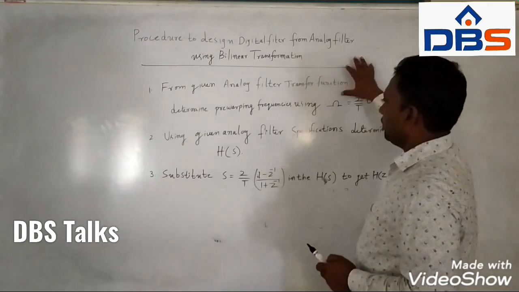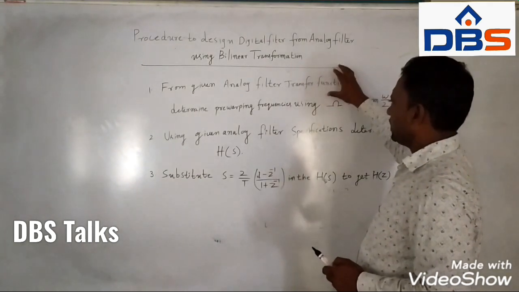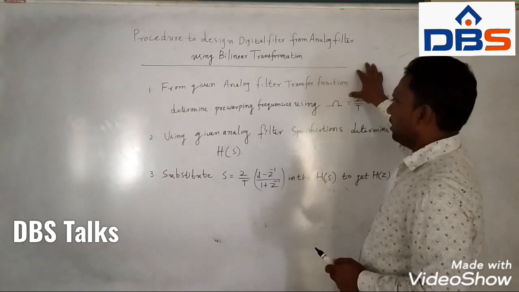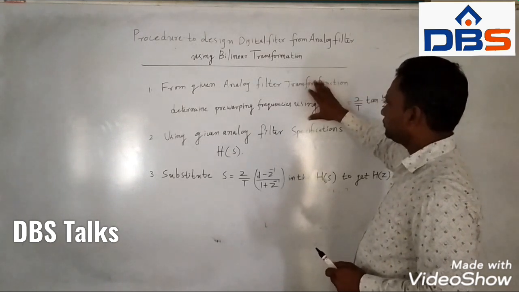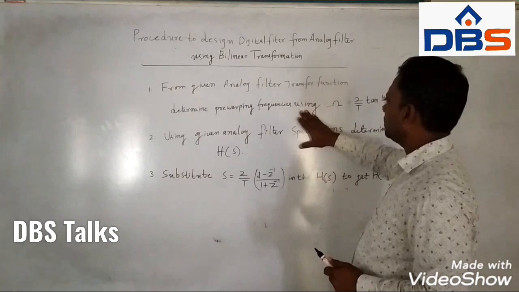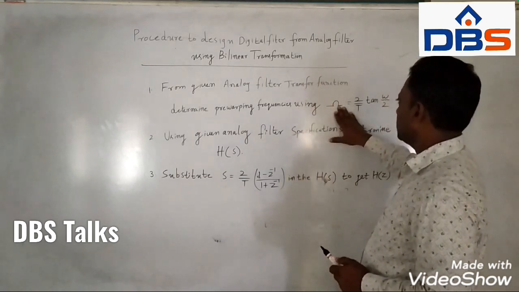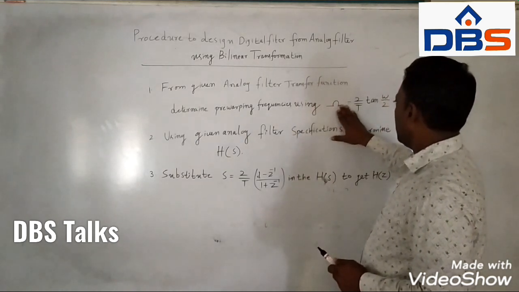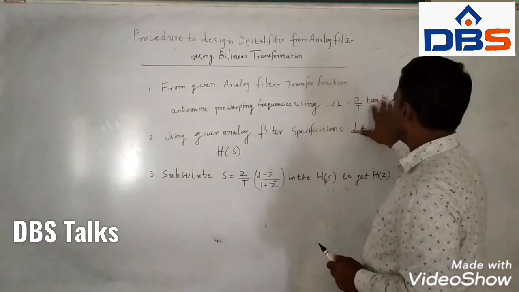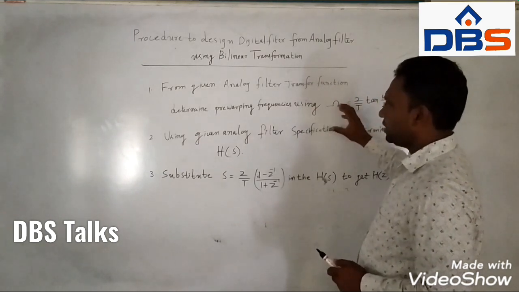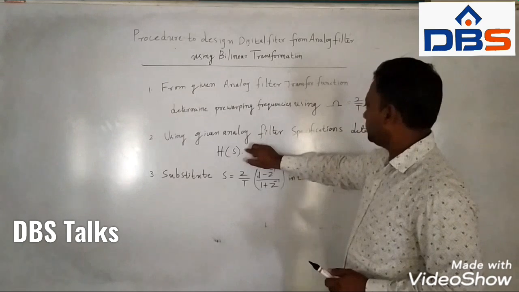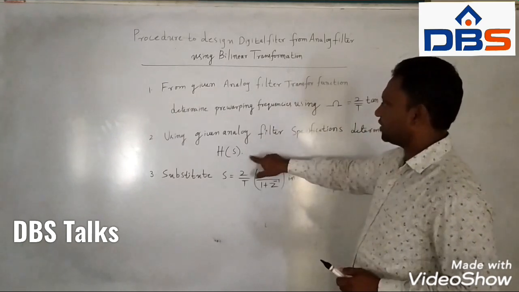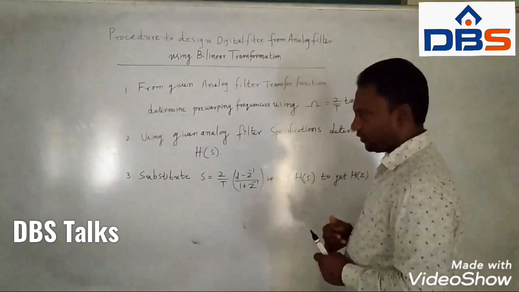First one, you will be given the analog filter specifications. Then from that you find out the pre-warping frequencies using this formula, omega is equal to 2 by T tan omega by 2. After that, you determine what is H of S. This H of S is the analog filter transfer function.